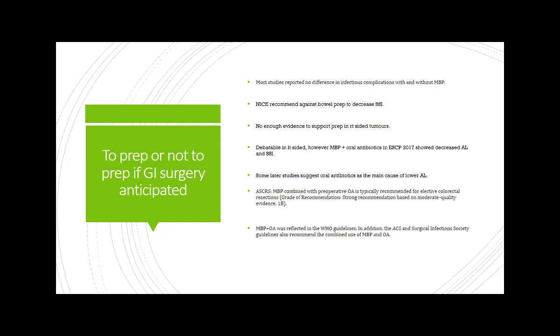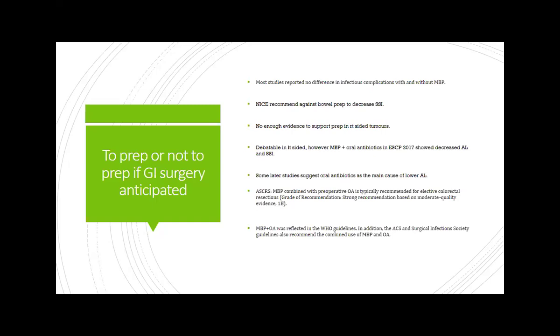However, the European Society of Coloproctology did a large audit study in 2017, and they found that mechanical bowel preparation plus oral antibiotics decreased both surgical site infection and anastomotic leak, and this was in left-sided lesions.